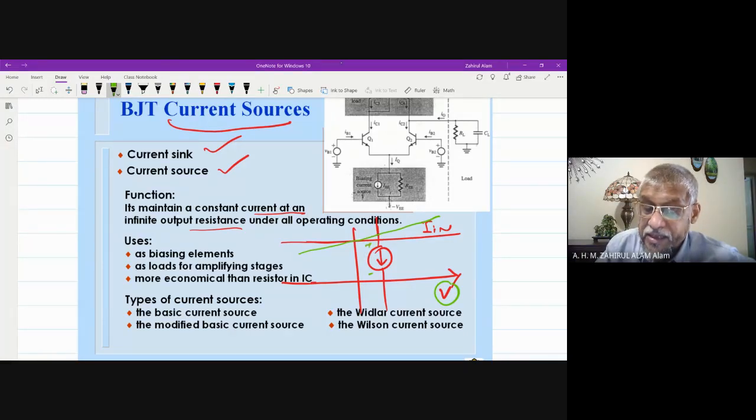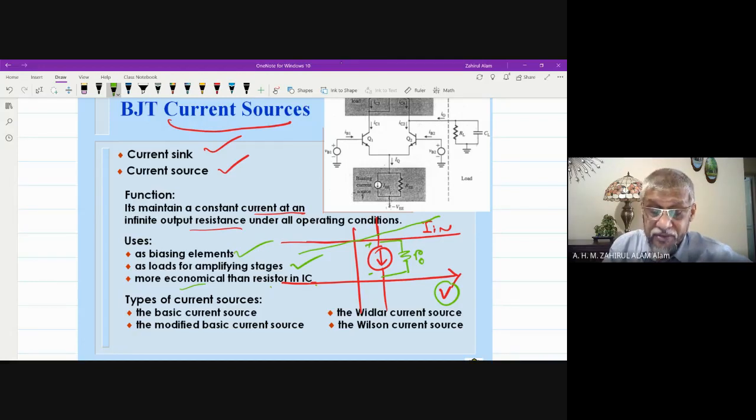So in that case, there is a finite resistance across this current source. So our target is to design a current source with high output resistance, and the current source is used as a biasing element, as a load for the amplifying stage, more economical than a resistor in an IC.